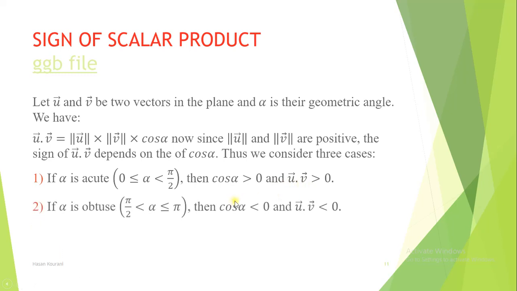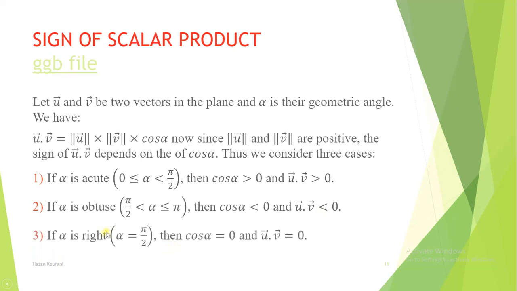The second case, if alpha is obtuse, if alpha is greater than pi over 2, which is 90, and less than or equal to pi, between 90 and 180, the cosine of alpha will be negative, and so u dot v will be what? Negative.